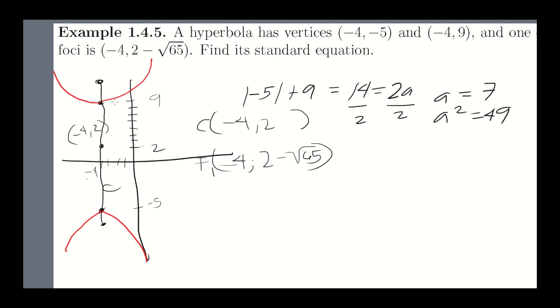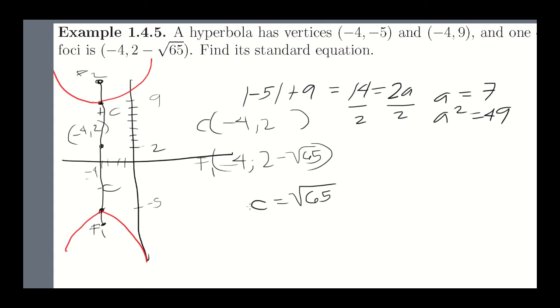Here it's c, and this is minus c, this is plus c. So this could be focus 2 and this could be focus 1. You can notice that it is minus square root of 65, so it means that it has the negative c. So c is square root of 65. That's how easy we can get that.